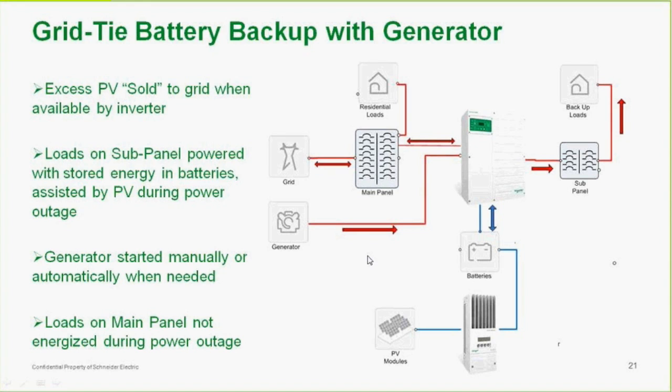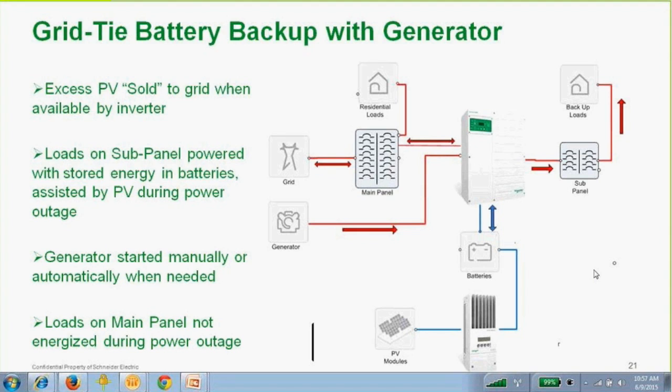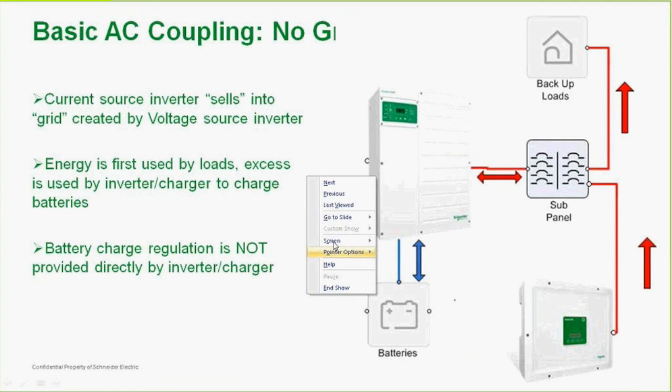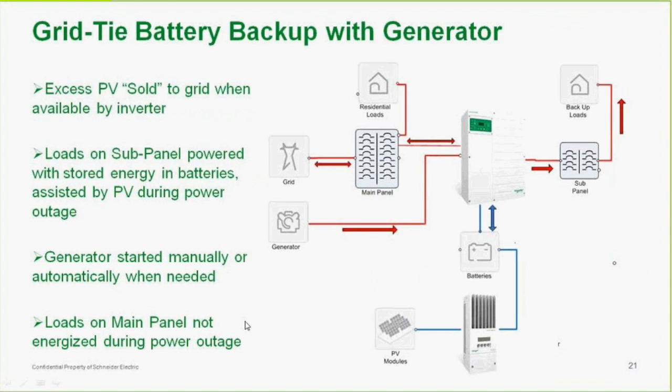So now, if we're going to add everything to this system, we have the grid coming into the main panel, passing through the inverter, running the sub-panel loads, running the backed up loads.